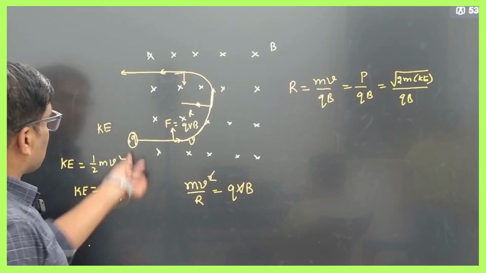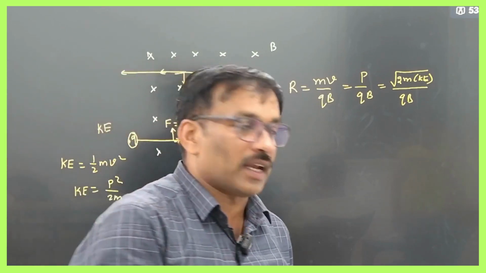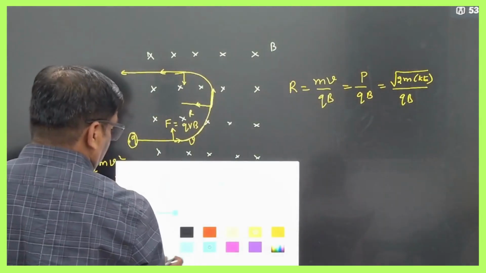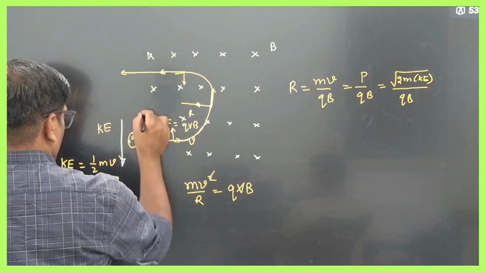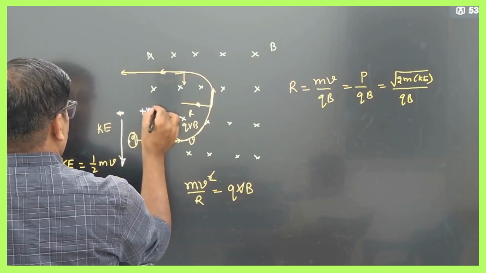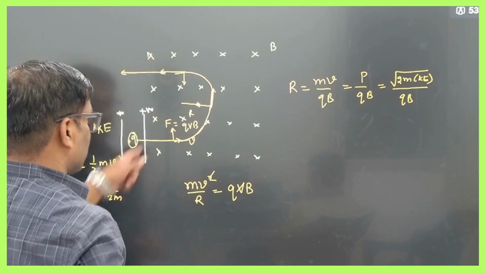So this charged particle is gaining kinetic energy because we are applying the potential difference. Suppose you are accelerating this charged particle by applying a certain amount of potential difference here, negative and positive. If you are applying the potential difference V, it is gaining kinetic energy.